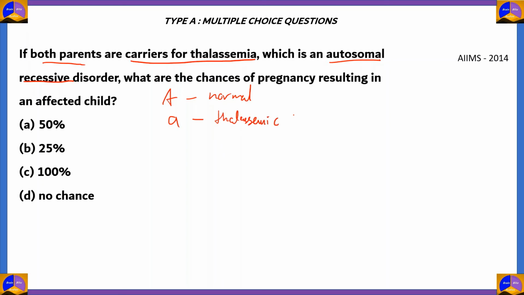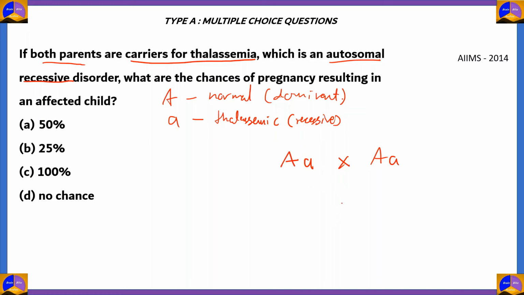So we know that thalassemic autosome is recessive from the question, so normal will be dominant. So the question says that both parents are carriers for thalassemia. And so since thalassemia is recessive, it is just required to have one dominant allele beside it in order to negate the effects of thalassemia. And since they said carriers, so this is their genotype, capital A, small a.